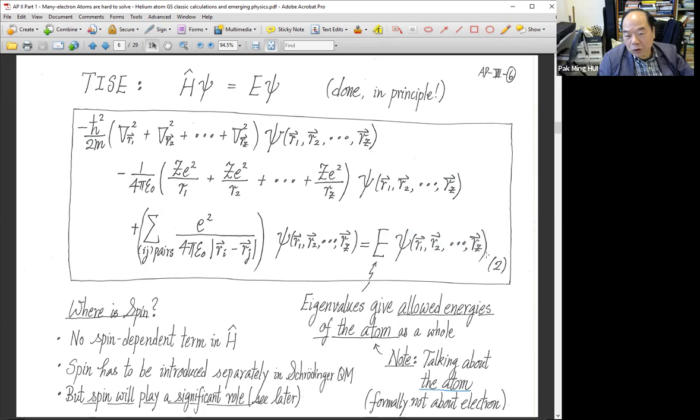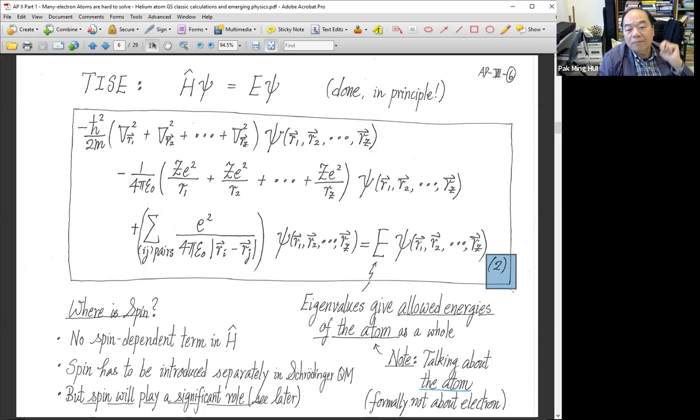So equation 2 will be the governing quantum mechanical equation for any atom from hydrogen down to element, I don't know now, maybe 119 in the periodic table. Okay, so point number 1, we know how to write down the quantum mechanical equation governing any atom.